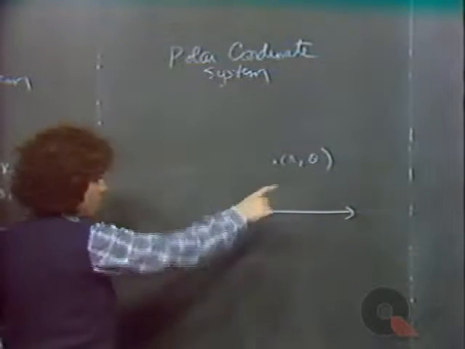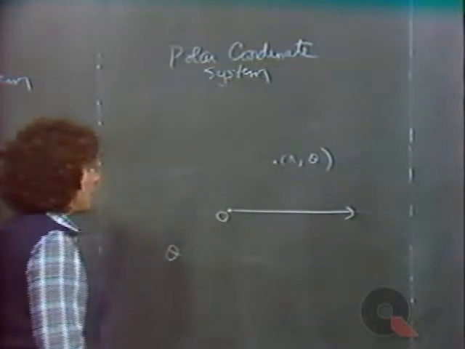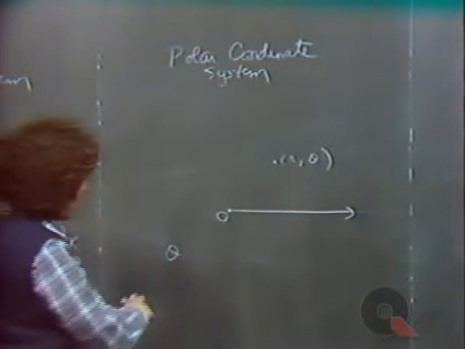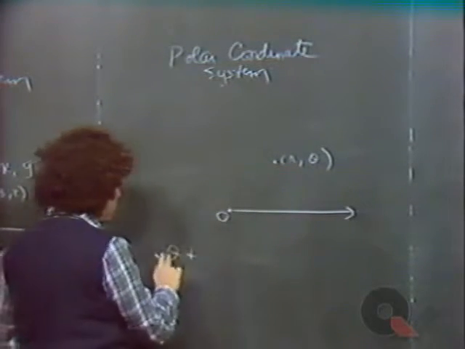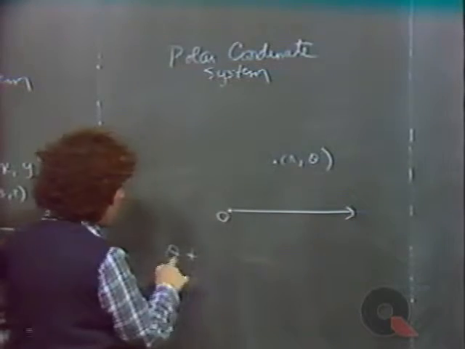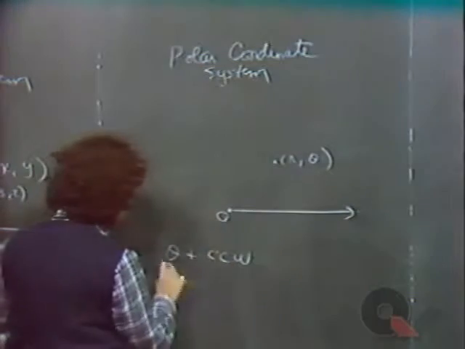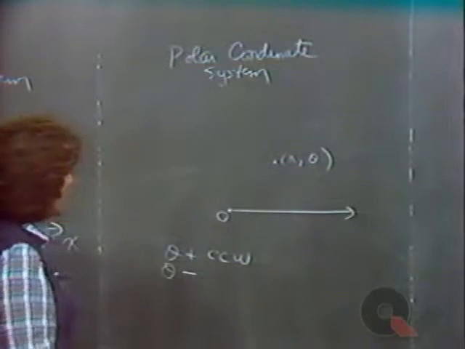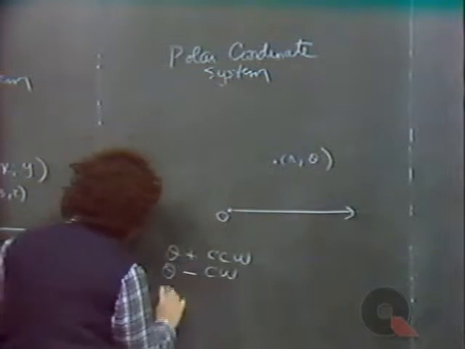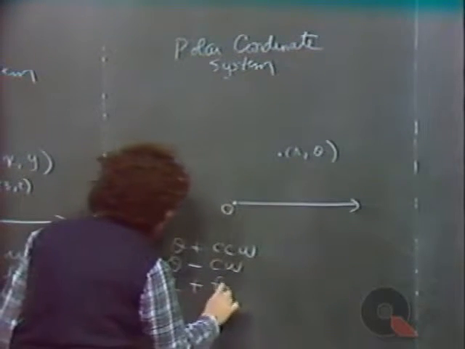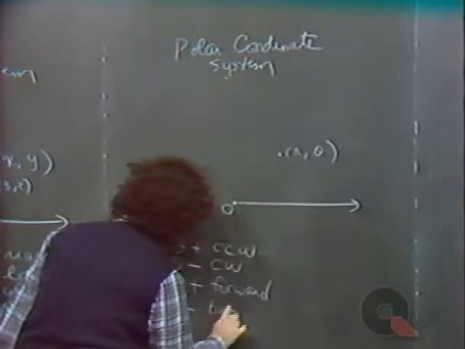He looks at the second coordinate, the theta, and if theta is positive, he rotates himself through that angle in a counterclockwise fashion. If theta is negative, he rotates through the angle in a clockwise fashion. If r is positive, he moves forward. And if r is negative, he moves backward.